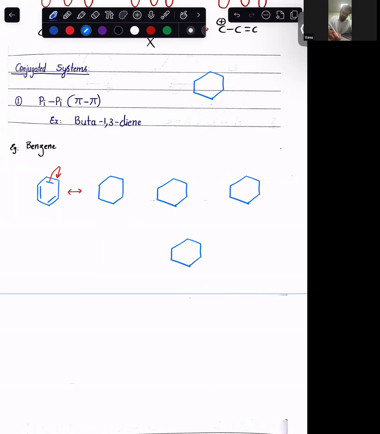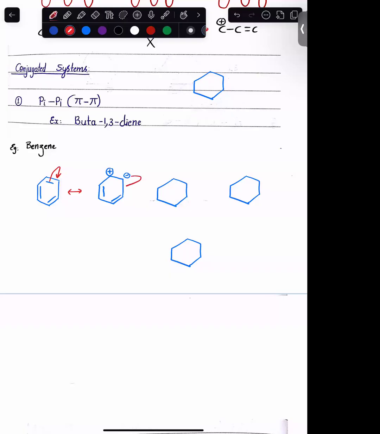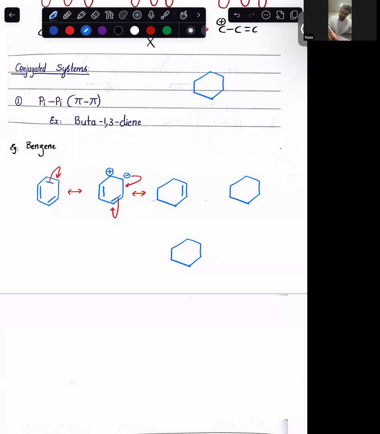You will have a negative charge here and a positive charge here. The remaining will be the same. Then what will you do? This negative charge will form a pi bond, and the next pi bond will break, because carbon cannot form 5 bonds, right? So here you will have a pi bond. The positive charge is placed here. You have a negative charge here. You have a pi bond.